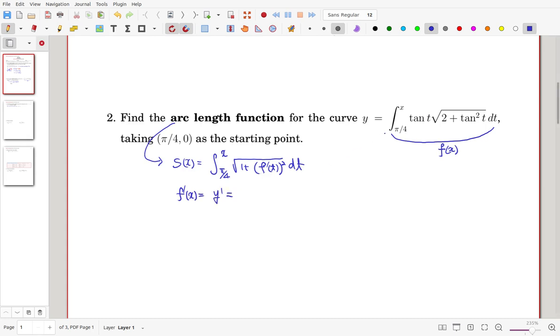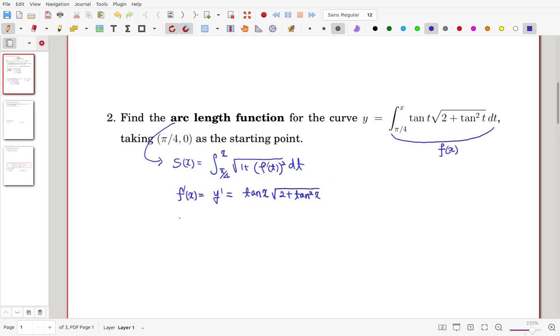By using the fundamental theorem of calculus, we have tangent of x times the square root of 2 plus tangent squared x. We have to use x notation.